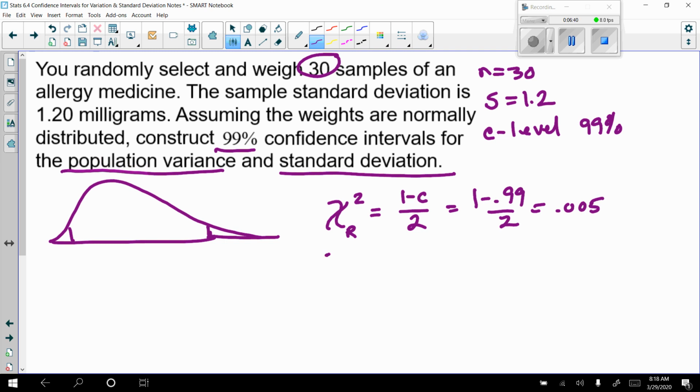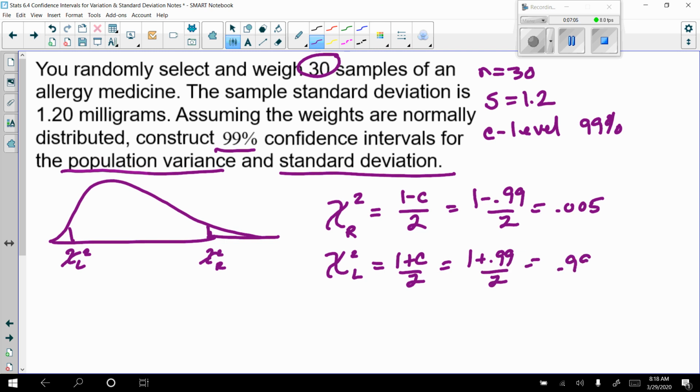And then our chi-square left point, so this would be chi-square right, and this would be chi-square left. Our left point is going to be 1 plus C divided by 2, or 1 plus 0.99 divided by 2, which gives me 0.995. My degrees of freedom is going to be 30 minus 1, or 29.